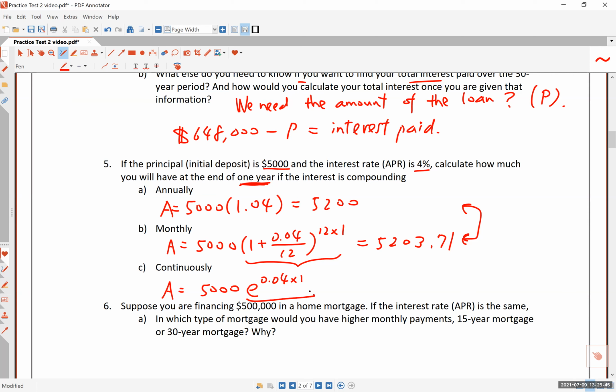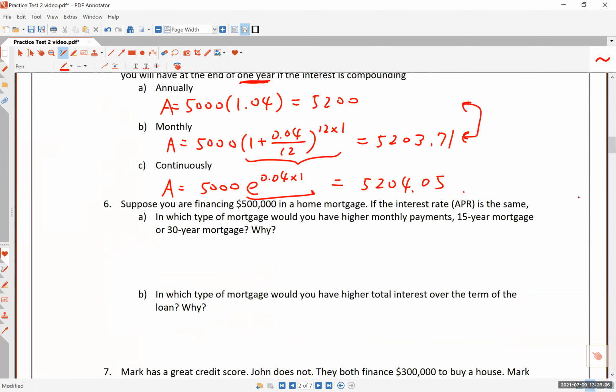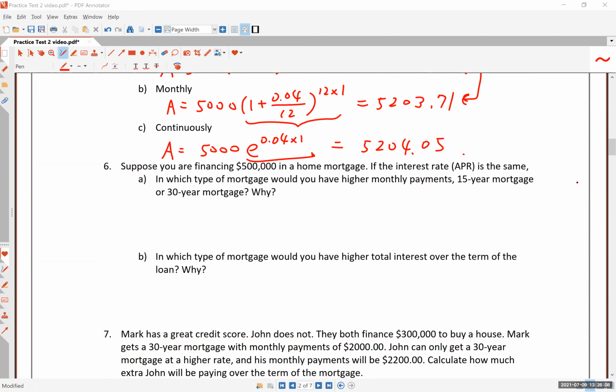So you calculate this part first, and you multiply that by 5,000, and the answer would be slightly more than the monthly amount, $5,204.05. And of course, notice here that continuous compounding gives you the most amount. All right, so that's been the first 5 questions. The next 5 questions will be covered in part 2.